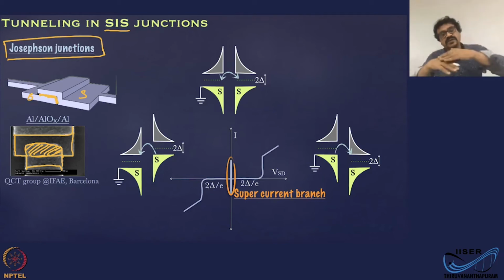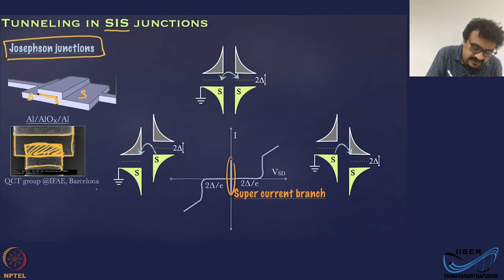It doesn't matter which way you do it, you can do this way or this way. In either case, what you need is an intermediate oxidation stage, which will give you the insulating region in the middle. So in this case, you have an aluminum oxide region, the junction in the middle. So this is your superconducting junction: superconductor, insulator, superconductor. The second superconductor is here.